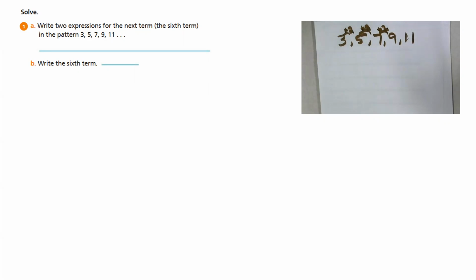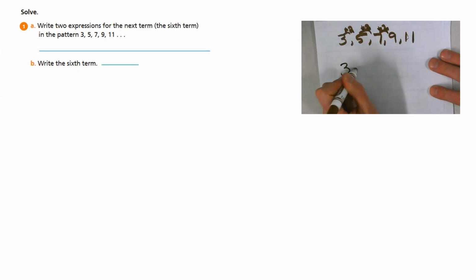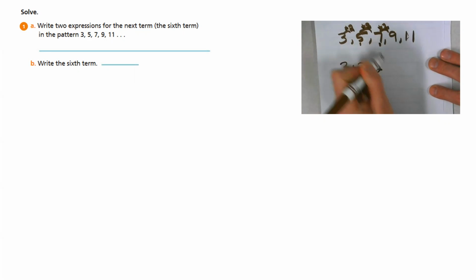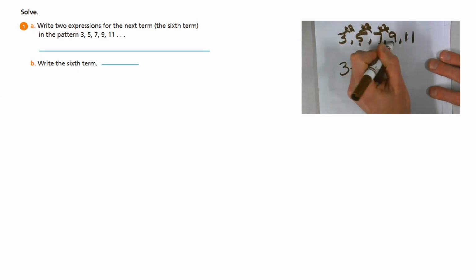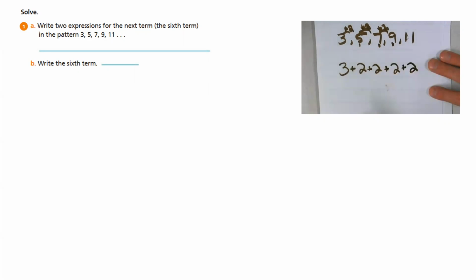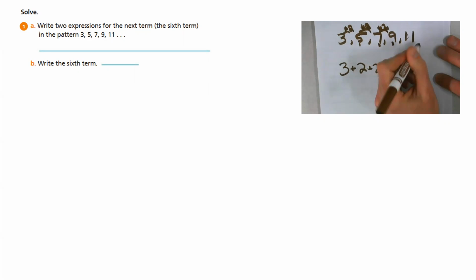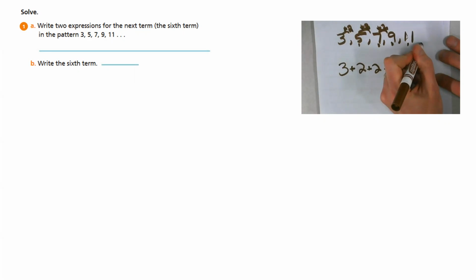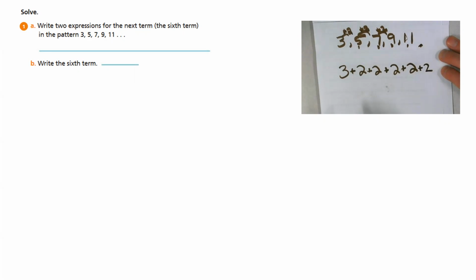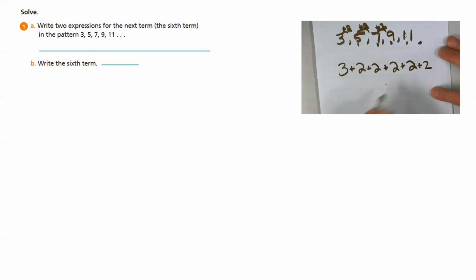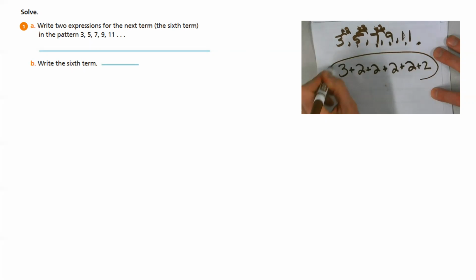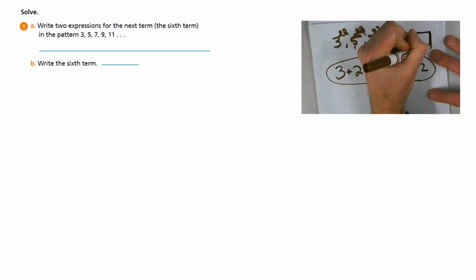So let's think of an expression. Ooh, I know. 3 +2, that would be this one. +2, that'd be this one. +2, that'd be this one. +2. And then to get the next one, that'd be this one. It would be one more +2, right? So this is an expression that would help us find this next term.